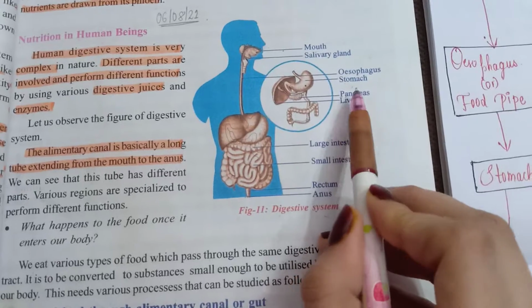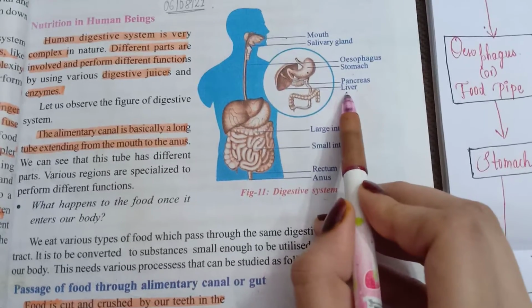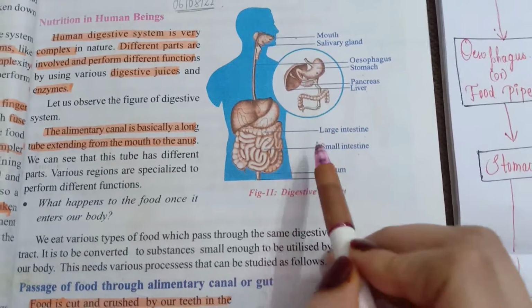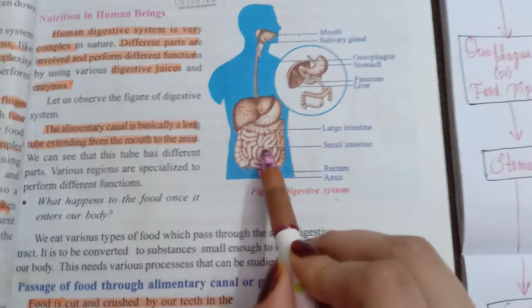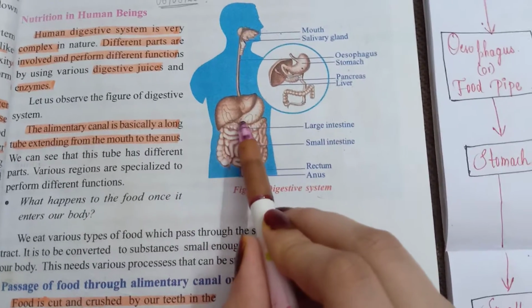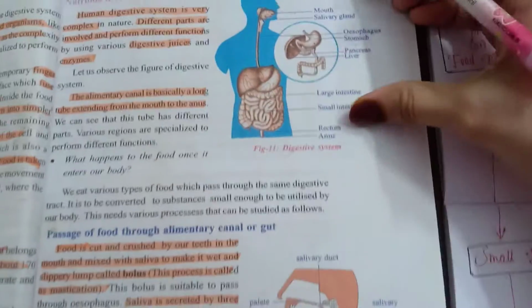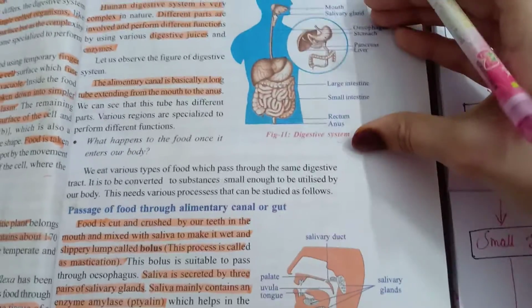The pancreas and liver help in digestion in the stomach. Then the food passes to the small intestine, and some of it to the large intestine, then the rectum and the anus. Like this, the passage of food goes.